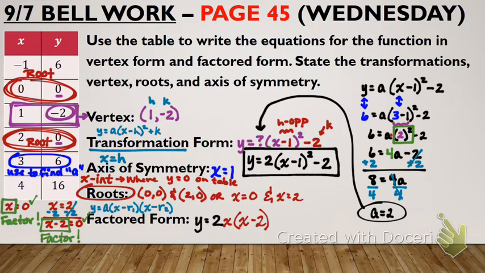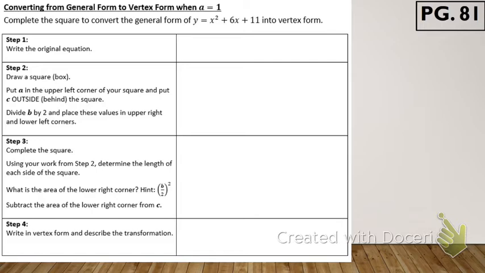That's how we go into factored form. And then we've spent the last several days practicing going from factored form or from vertex form and fully simplifying that to get our general form. There's one more thing that we need to talk about, and we're going to cover that today and tomorrow. And that's how to go from general form into vertex form.